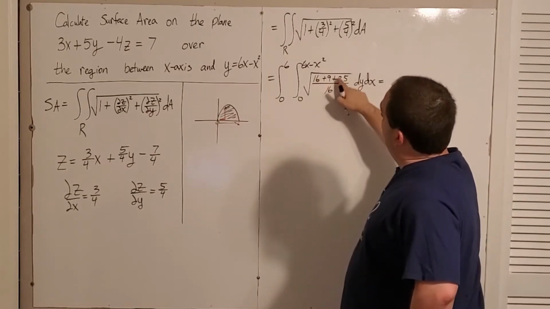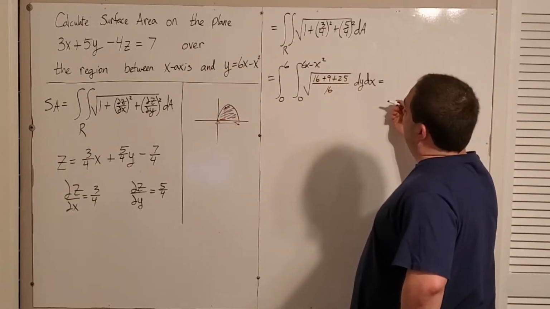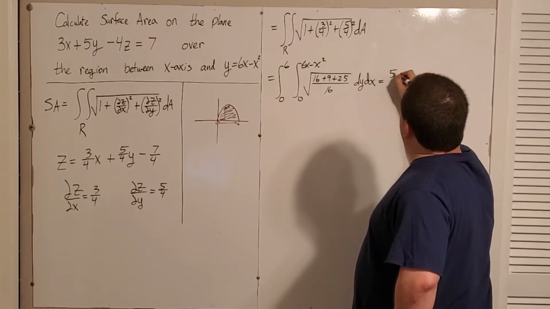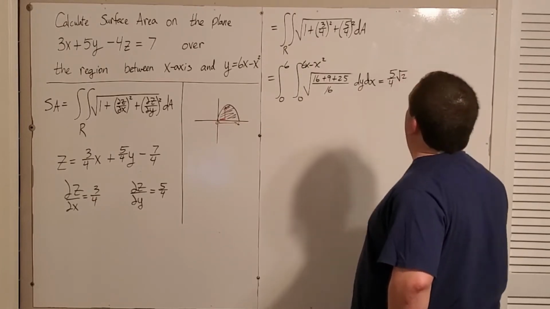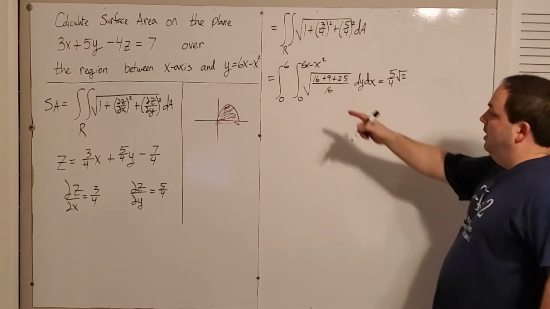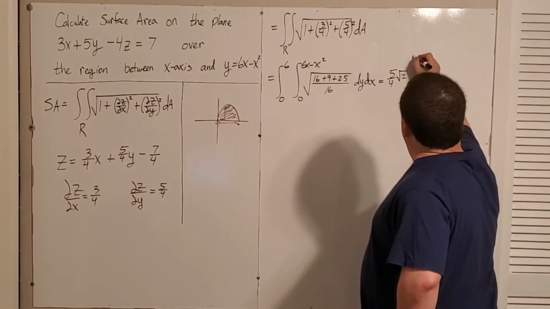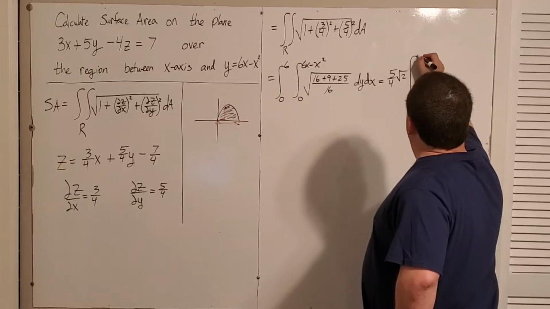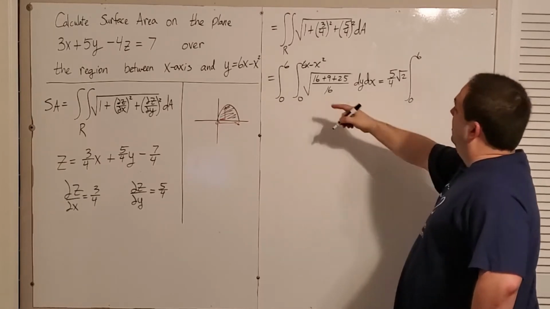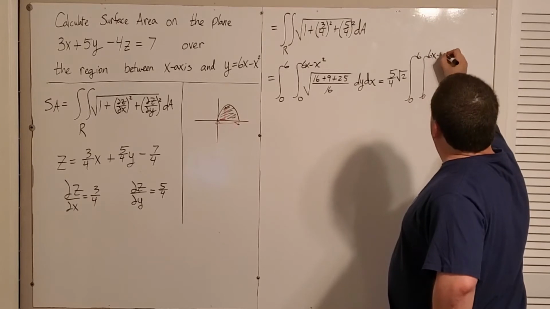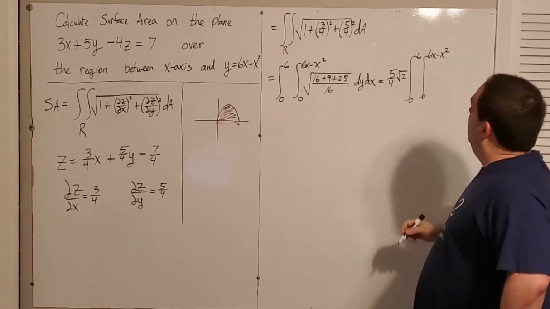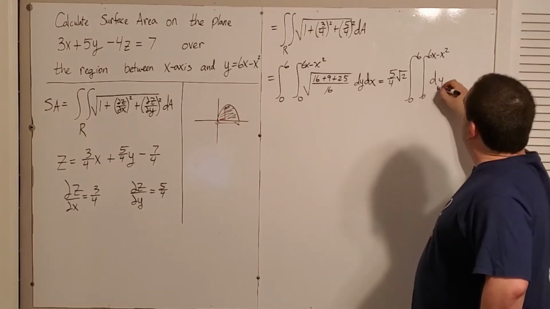So this radical right here is just going to split into 5 over 4 and square root of 2 left over. I still got my integral from 0 to 6, and then my integral from 0 to 6x minus x squared, and it's going to be dy dx now.